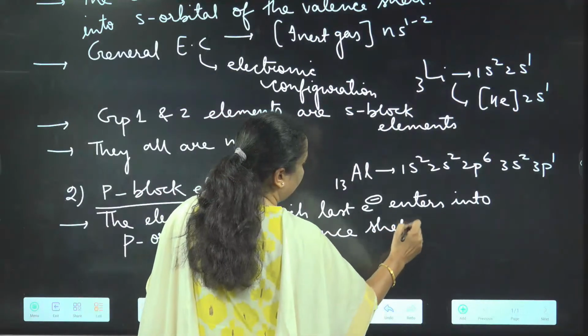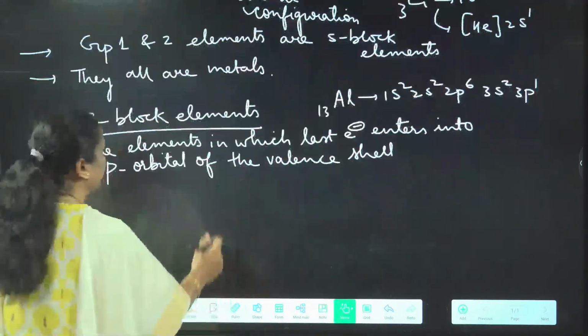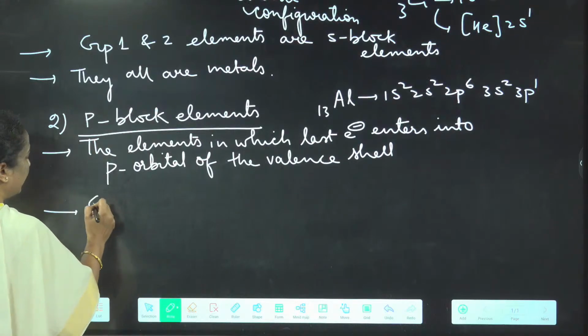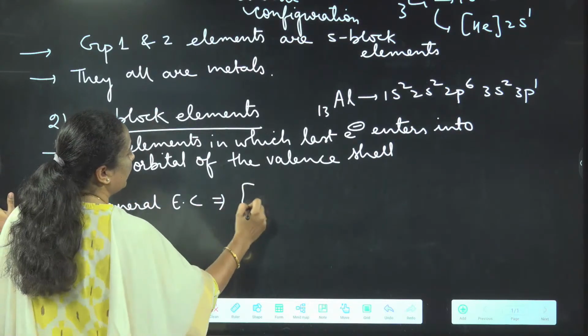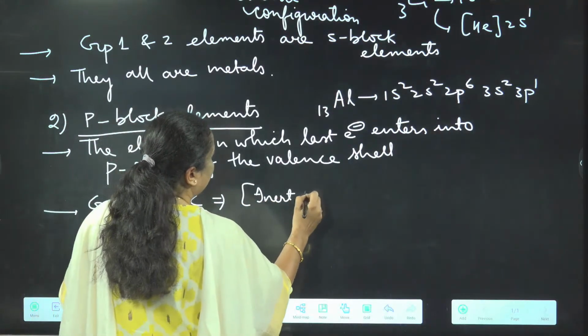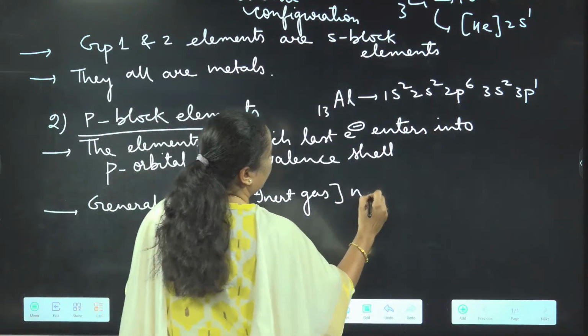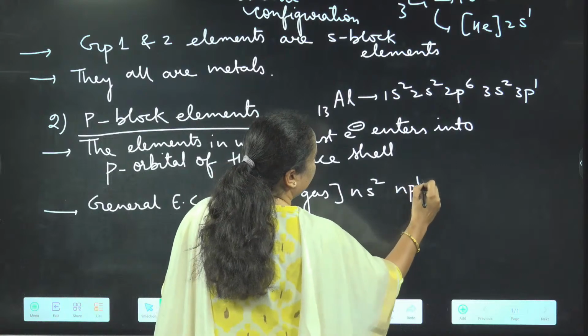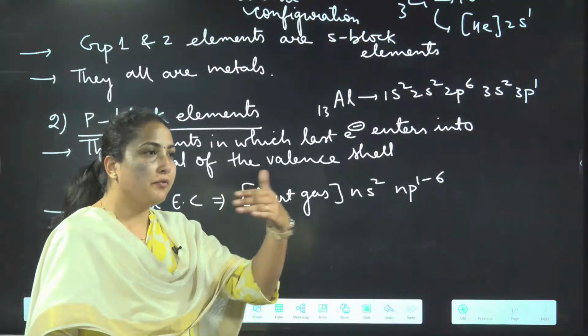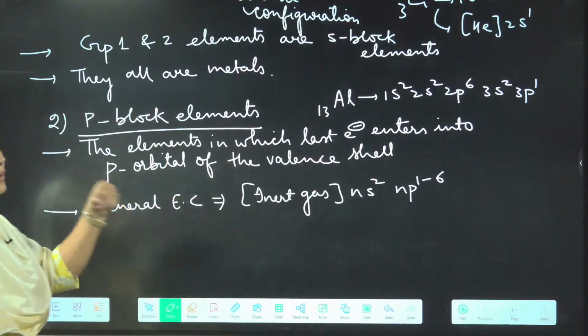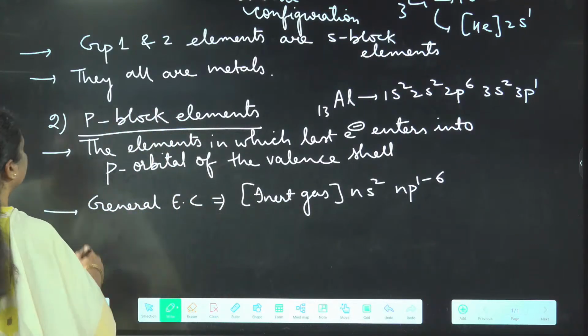That is only known as P block elements. Now we'll write down the general electronic configuration for this, which is inert gas, then NS2 is completely filled, then NP 1 to 6. That means P subshell is getting progressively filled. So P1 to P6, that's the meaning of it.